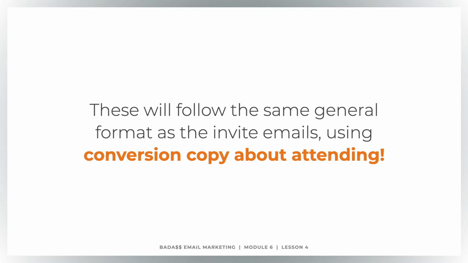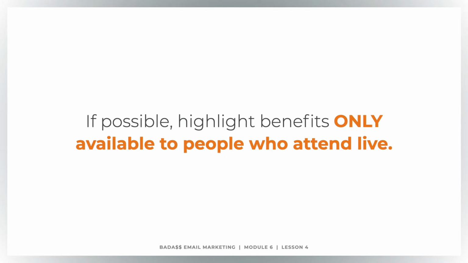So if possible, highlight benefits only available to people who attend live, if they exist. Now, what I want to caveat is some of these should exist no matter what, at least one of them. But if the others don't, you want to highlight the benefits of the event generally, build the excitement, and also highlight the things that only happen for people who attend live.